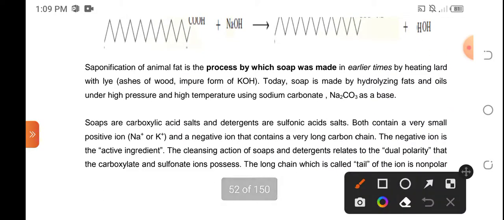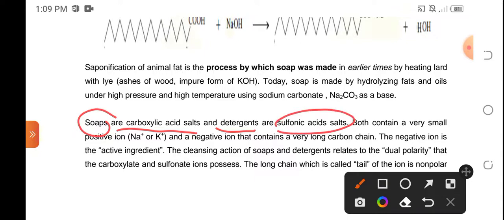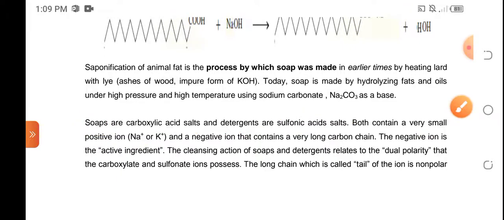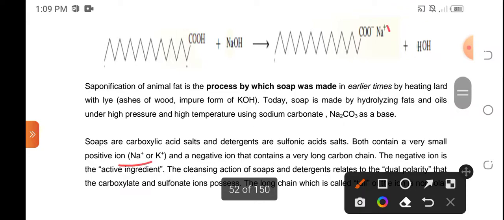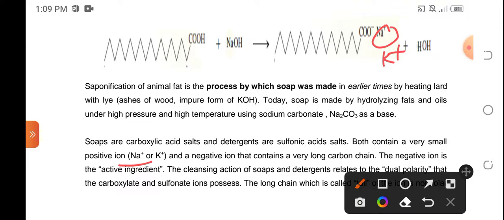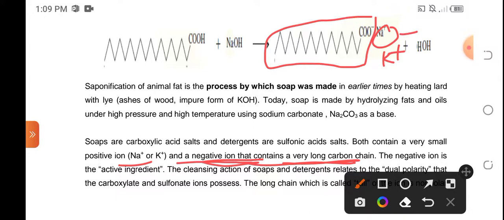So the carboxylic acid salts, known as soap, and the detergents as sulfonic acid salts, both contain a very small portion of positive ion in the form of sodium or potassium. So ito yon, yan yung part na yan. It could be sodium or it could be potassium ion. And the negative ion contains the very long chain of carbon atoms. So ito yung sinasabi ko kanina, ito yung negative part and yung metal ang positive part.